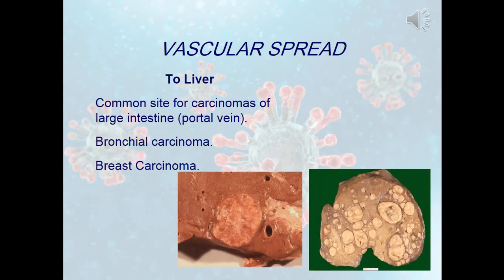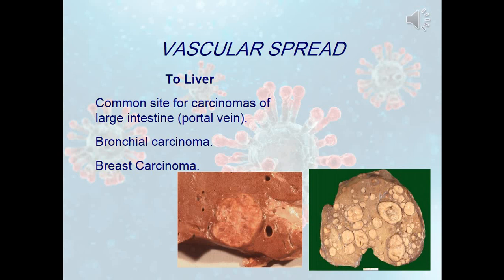This is another example of metastatic foci to the liver, which is a common site for carcinomas of the large intestine through the portal vein, which drains the large intestine into the liver. Bronchial carcinoma and breast carcinoma could also metastasize to liver.